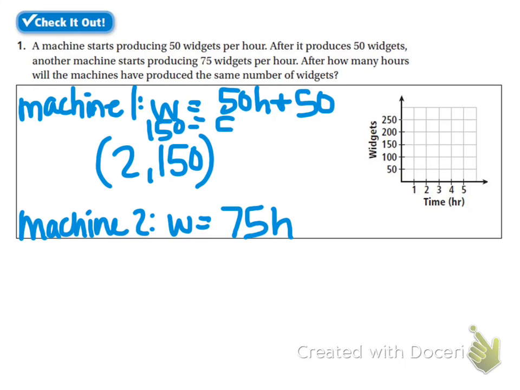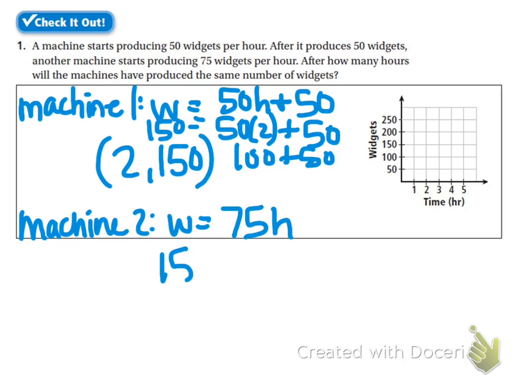And if I put that into my equation, 150 equals 50 times 2, which is 100. 100 plus 50 is 150. And 150 equals 75 times 2, so that checks.